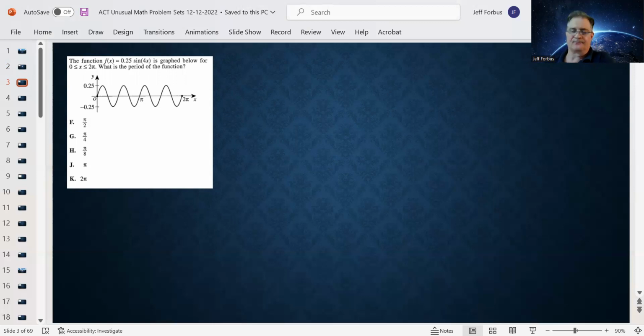All right. The period of the waveform is the first full rotation through 360 degrees.